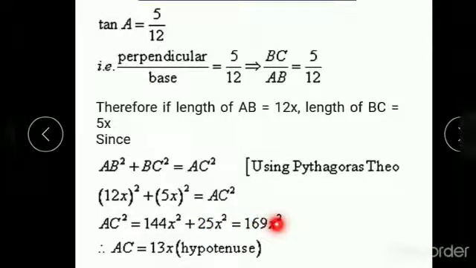So 169 can be written as 13 square. So you get AC is equal to root of 13 square x square. So the root and square will get cancelled. You will get AC is equal to 13x. So now you got perpendicular as 5x, base is 12x and the hypotenuse is 13x.